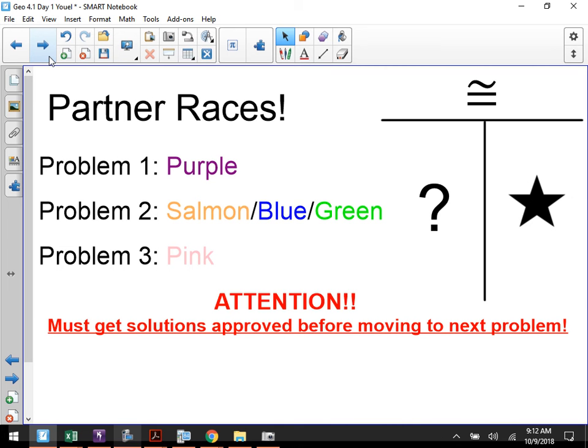We have another group on their last set here. Yes, look, you get checked. Looks good. You guys can move on to your second one, which for you is green.